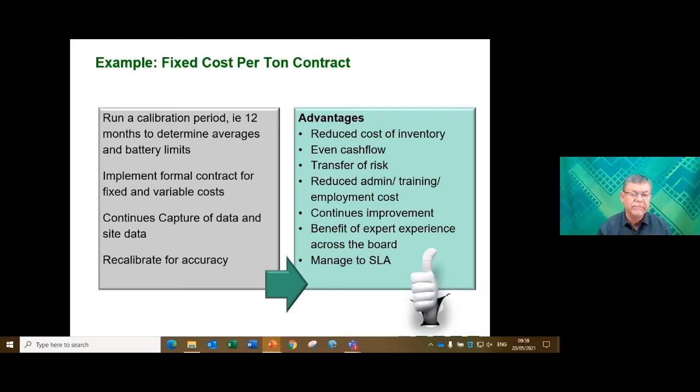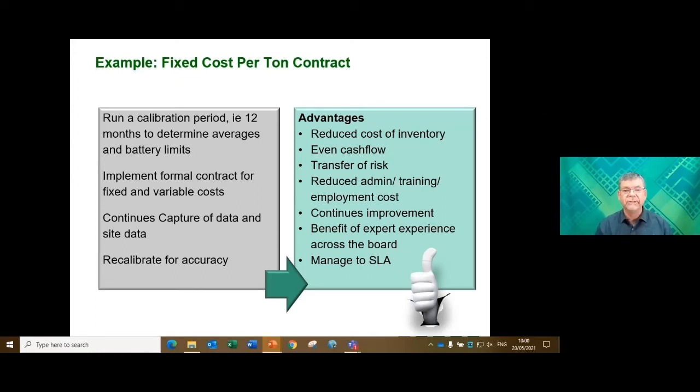Then formalize that in a contract to separate the fixed and the variable costs applicable to this plant, agree on those, continue to capture the site data, and then recalibrate for accuracy. So this type of contract is a living document. It changes with change of scope and change of material. It can be recalibrated with new information, and it always returns the best possible cost benefit to the customer.